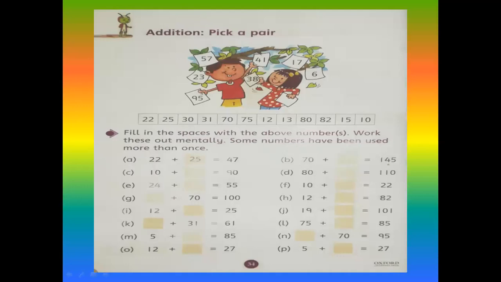So you will take one number at a time from these boxes and use it in your question. These numbers are 22, 25, 7, 75, 12, 80.